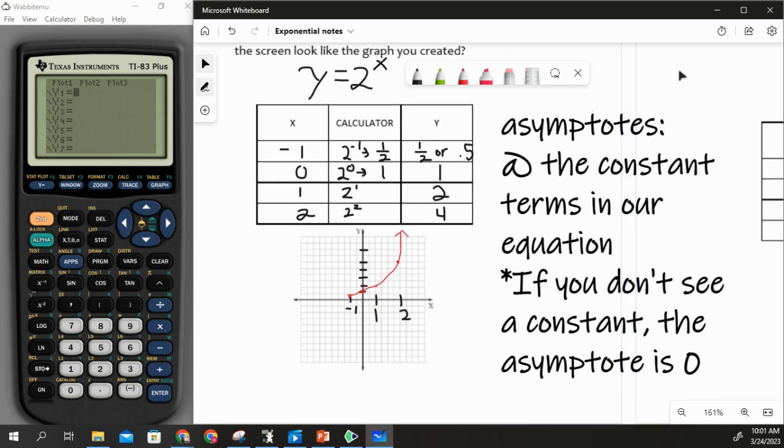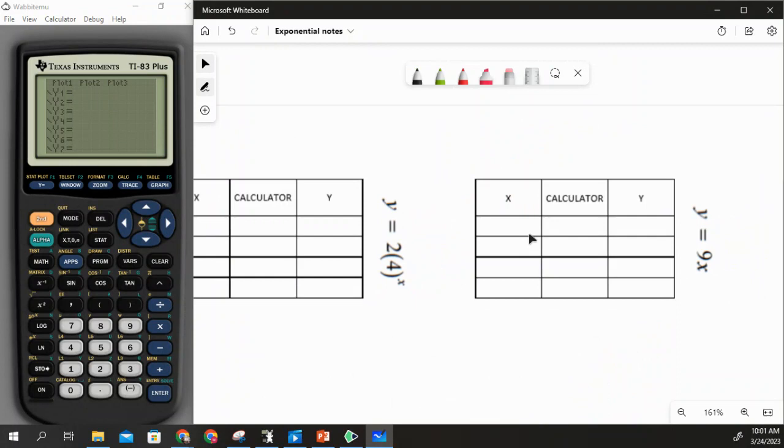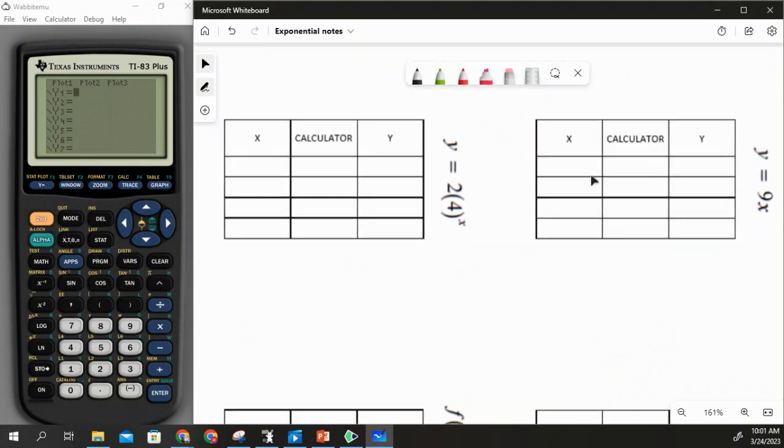All right, let's hop on to the middle. We're going to be doing the top two just so I can show you the difference between some of the values that we're going to be dealing with, okay? So we got an exponential equation over here on the left side with 2 times x to the fourth. On the right side, we got a linear equation.